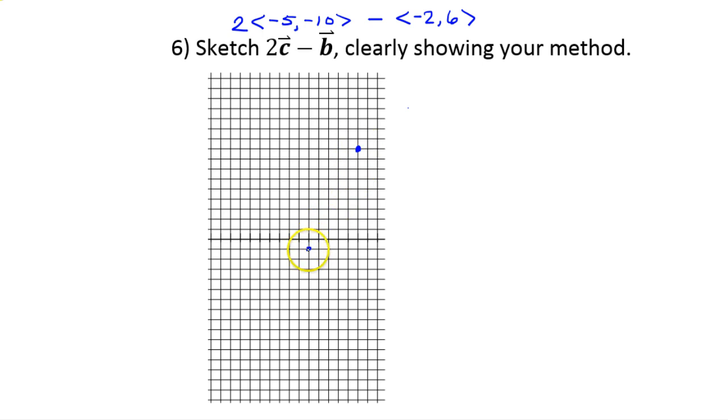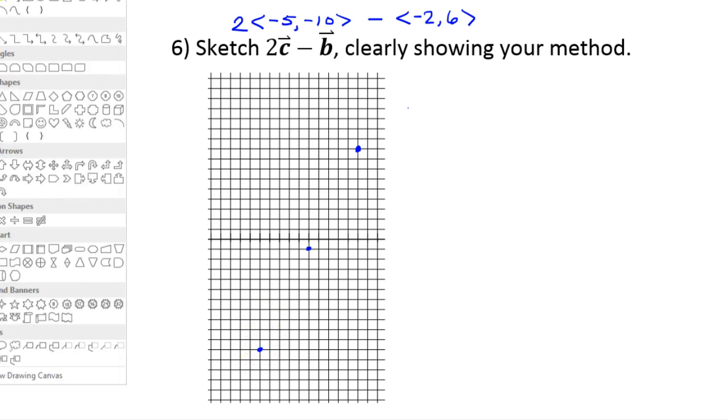So that is vector c, but I'm supposed to do 2c. So I'm going to do that again. I'm again going to go left 5 and down 10. That way, instead of just having c, I will have done 2c. So here's the terminal point of my second vector c.